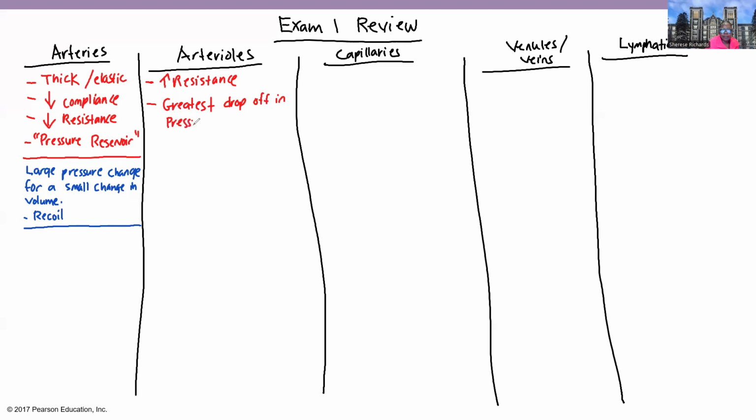And then in terms of their radius size, we talked about different factors, the nervous system, intrinsic and extrinsic, that could control the size of the radius. So let's talk about the radius size.